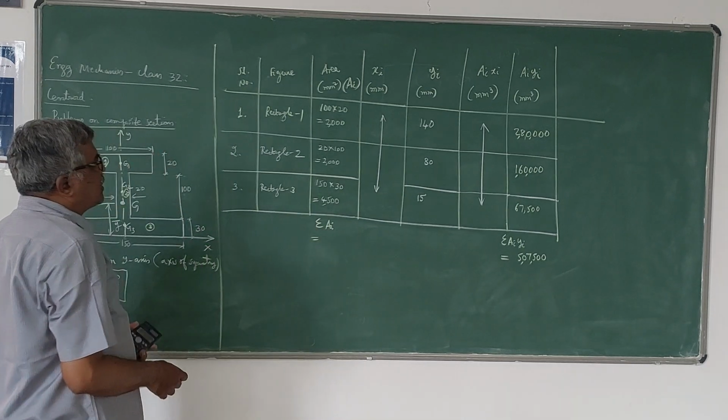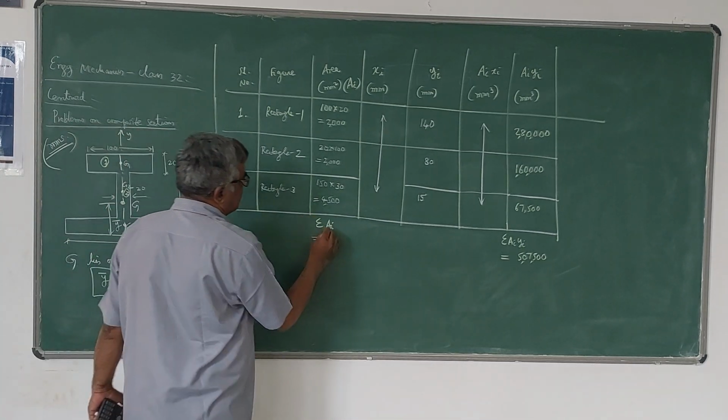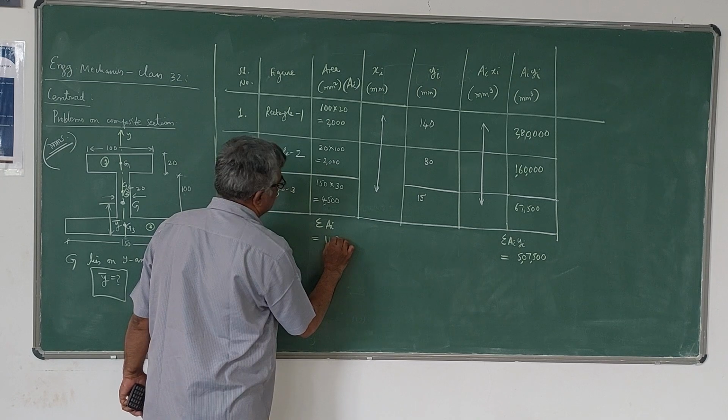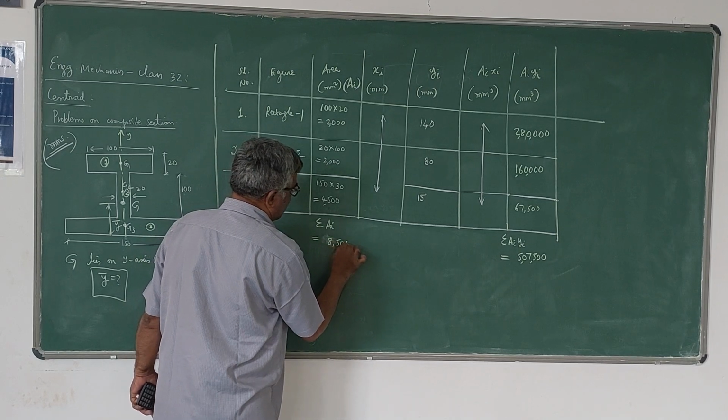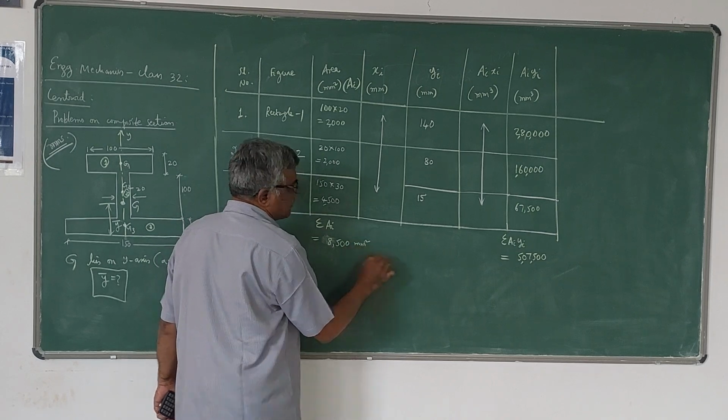Sigma ai is 2000 plus 2000 plus 4,500, that is 8,500 millimeter square. And sigma ai yi is in millimeter cube.